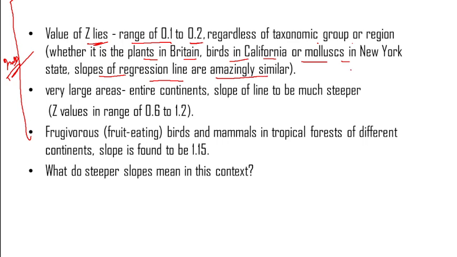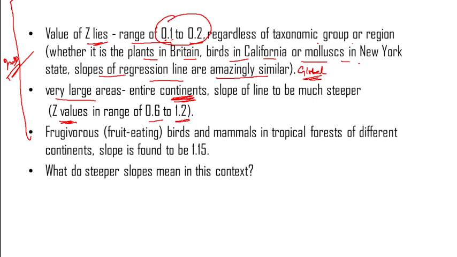That means on a larger scale, if we try to find the Z value of the entire biodiversity present on earth, then the value of Z comes out to be between 0.1 to 0.2. But for very large areas such as a continent, the slope is 0.6 to 1.2.